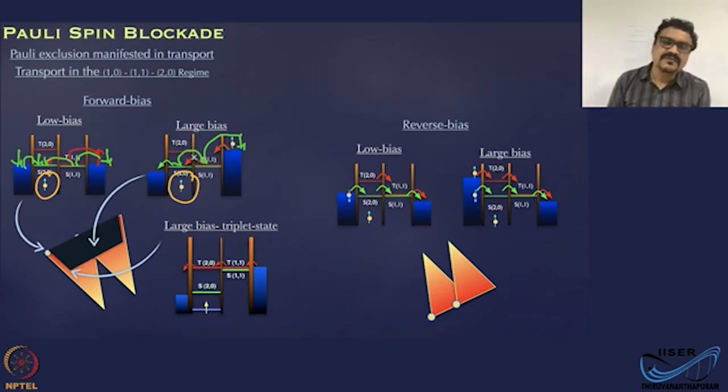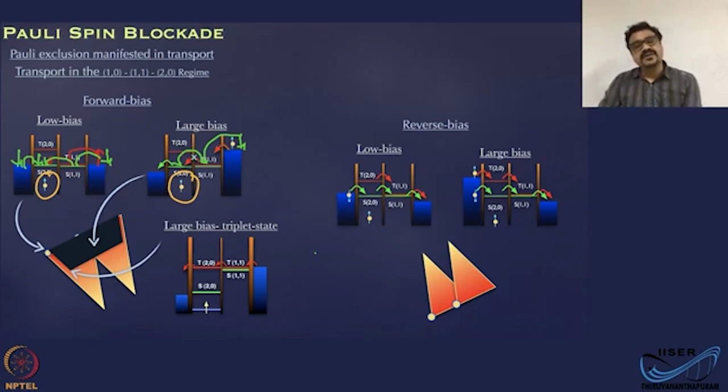So no matter what, in a fraction of time, you will have a spin up electron arriving here. Now, the spin up electron represented by the red arrow here cannot tunnel into dot 1, or the left dot, because that state, the green level, corresponds to a spin down state.